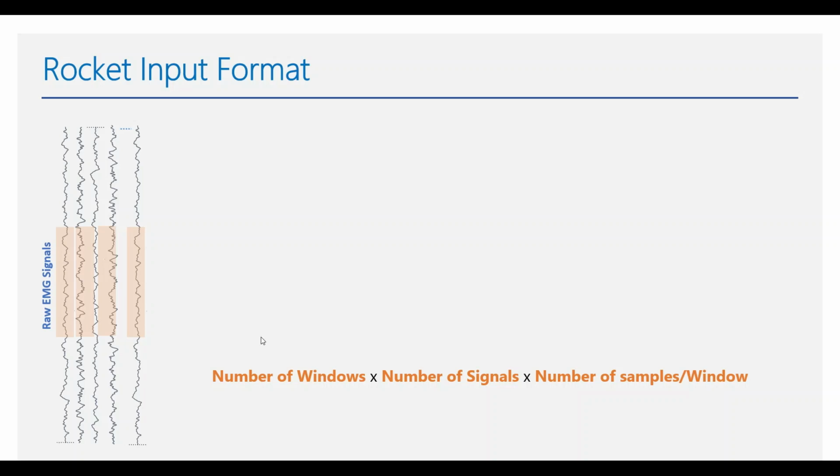You shift the windows, and then you'll have another one, and you continue building that up. So the size of the input will be the number of windows by the number of signals by the number of samples per window. You supply that data to Rocket or MiniRocket, and you get the features, which you can then send to a linear classifier to give you the classification accuracy, or true positive, false positive, whatever measures you want to use.